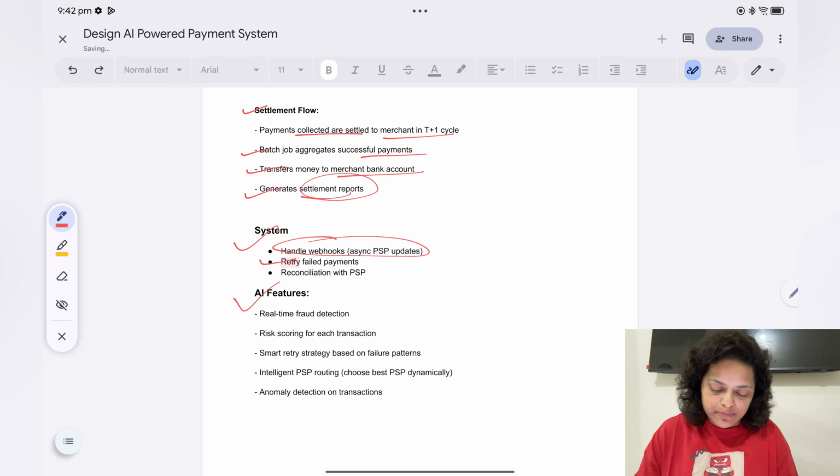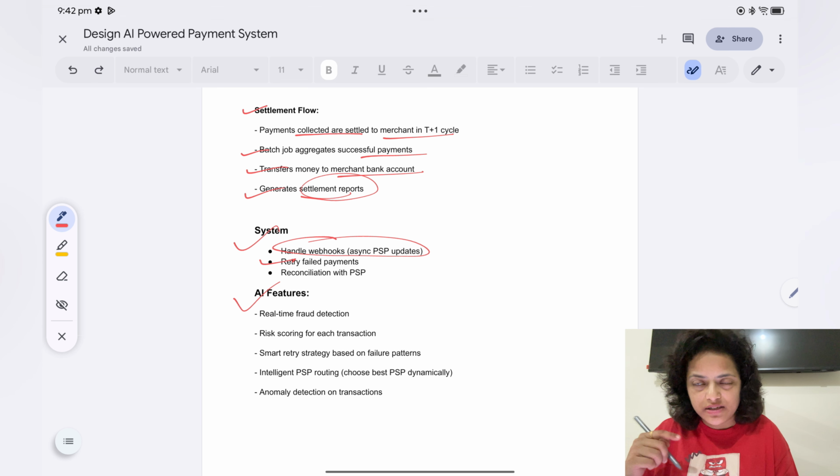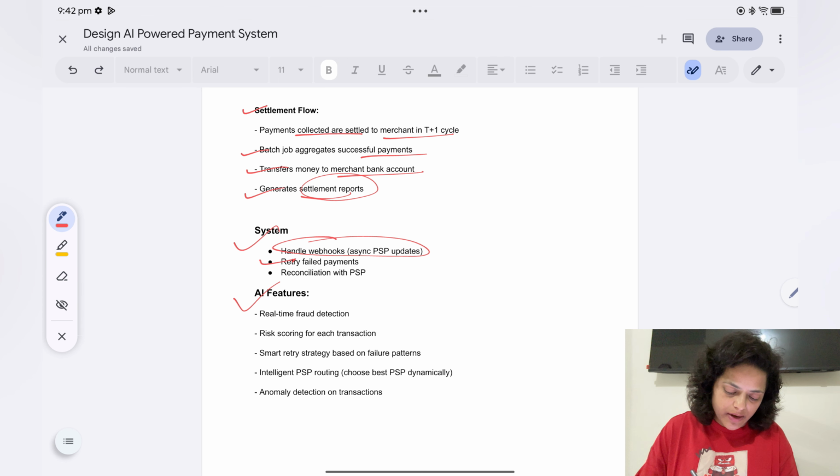Now retry failed payments: if any payment failed, our system should be able to retry. And then reconciliation with the PSP. Reconciliation means we are checking whether our system and the PSP are at the same level or not.